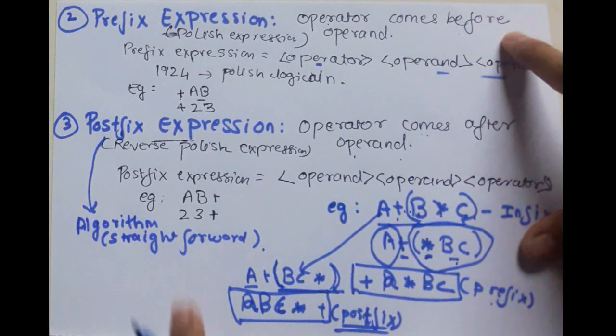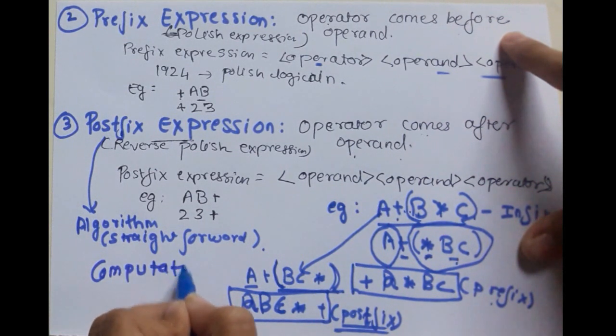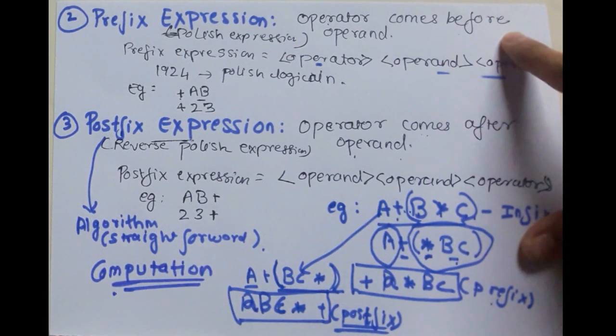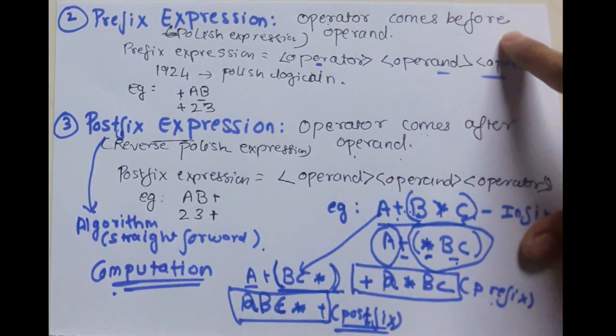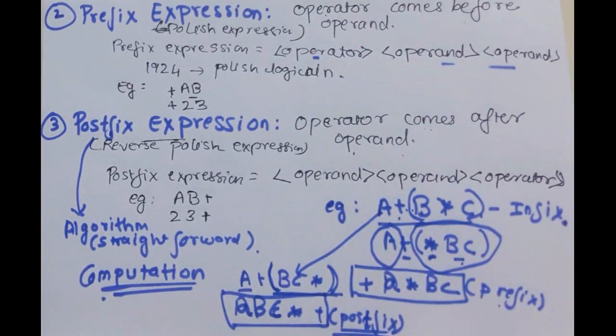And because of this reason, postfix expression is most widely used for computation. Okay. Also, prefix and postfix expressions are good for machines and infix expression is good for human readability, and therefore there is a need of conversion of infix expression to prefix and postfix.